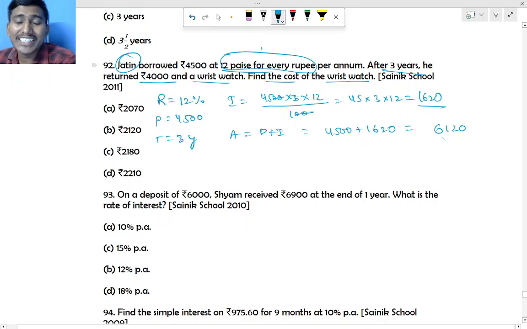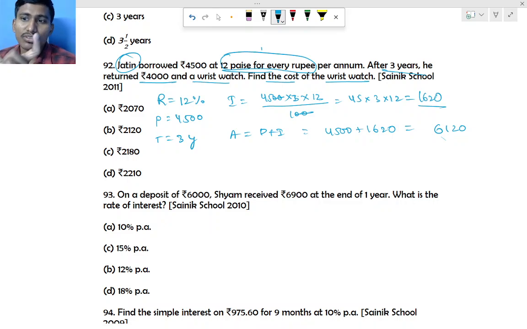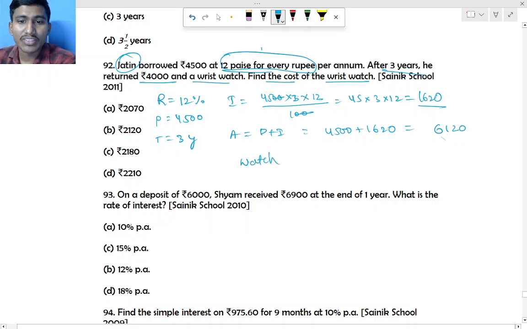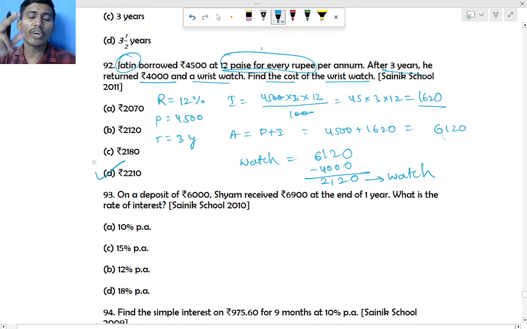Now he returned 4,000 and a wristwatch. So he has to give 6,120, but he returned 4,000 rupees and a wristwatch. 4,000 rupees, if you subtract, how much do you get? 2,120. This is the watch price, right? Yes, 2,120. This is the watch price.